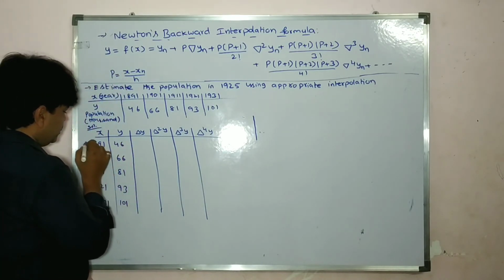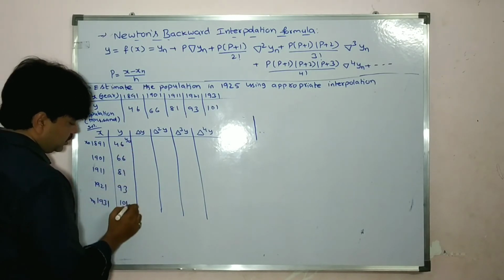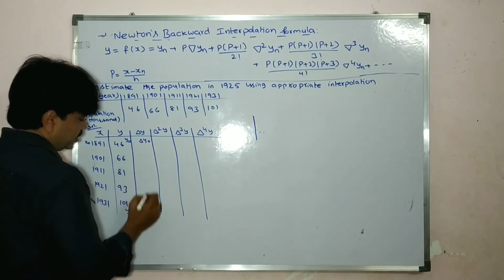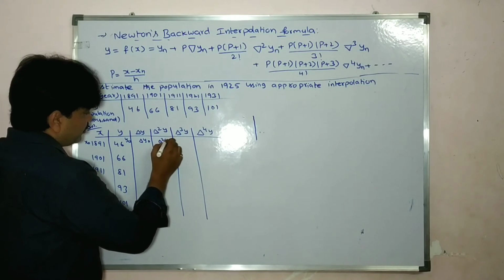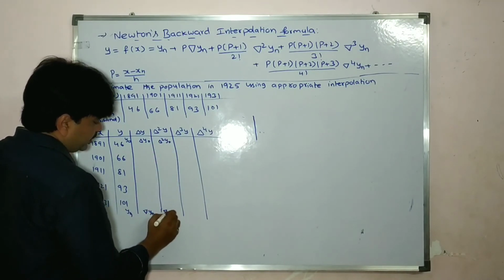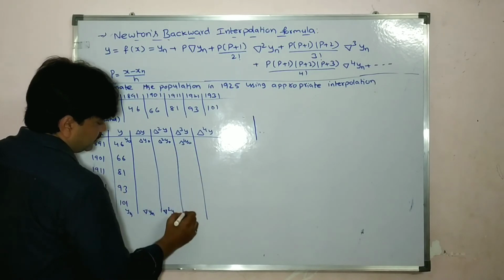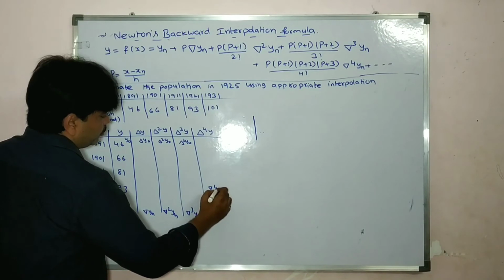Now, this is x naught, this is xn, this is y naught, and this is yn. The upper values are del y naught, del square y naught, del cube y naught, and the lower values are del yn, del square yn, del cube yn, del power 4 yn.